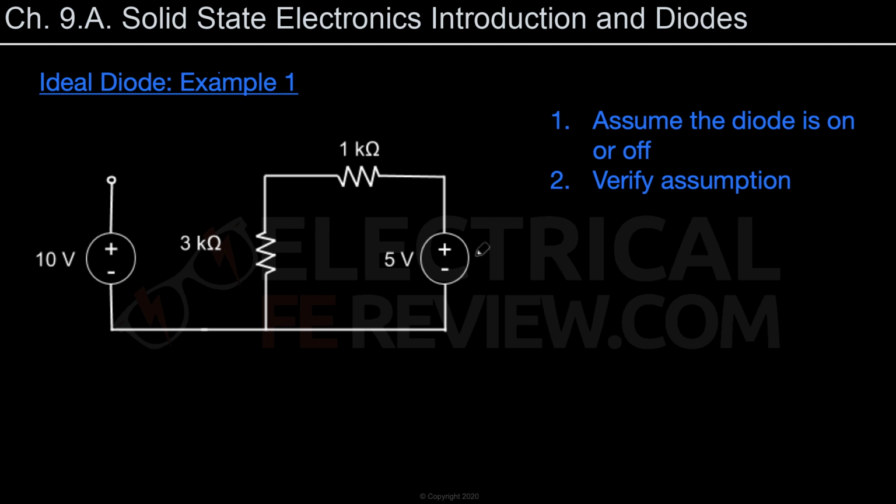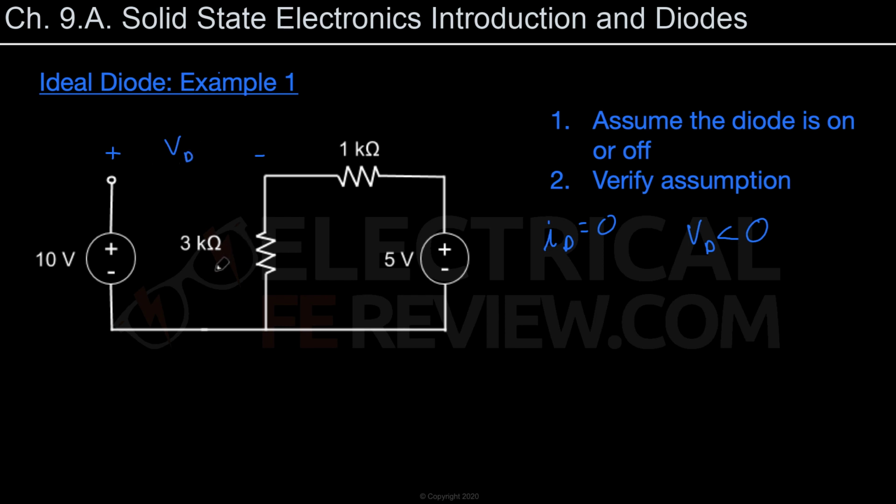Okay, so now that we've redrawn the circuit with the diode in the reverse bias, meaning that it's an open circuit, we are going to assume that I is equal to 0, and we're going to verify that VD is less than 0, because these are the conditions for the reverse bias. The VD being the voltage from that point in the circuit to that point in the circuit.